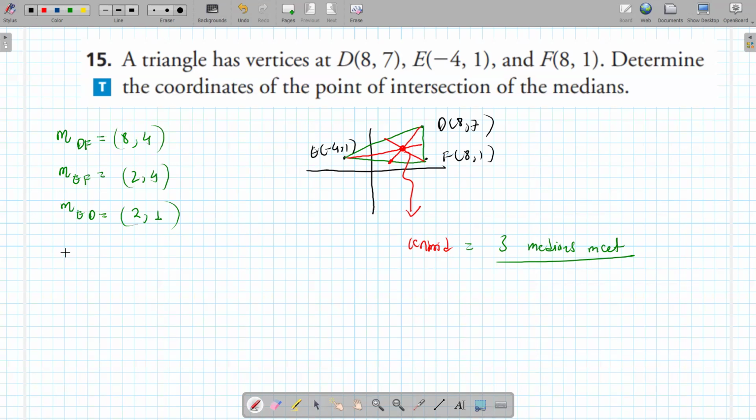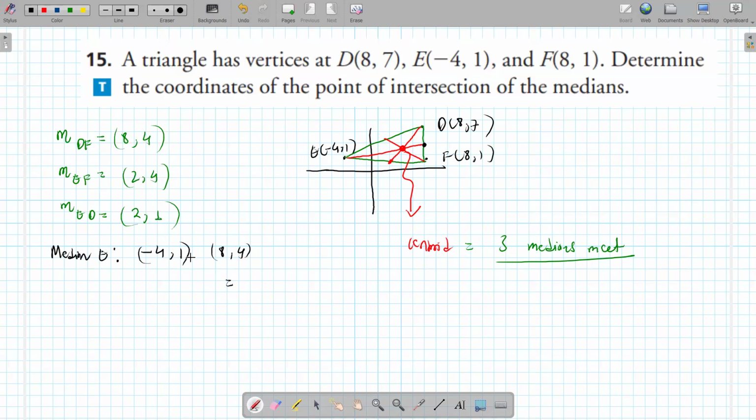So let me find the median from vertex E. So vertex E to this point, we know that midpoint there is 8, 4, yeah? So we're trying to find the line that connects these 2 points.